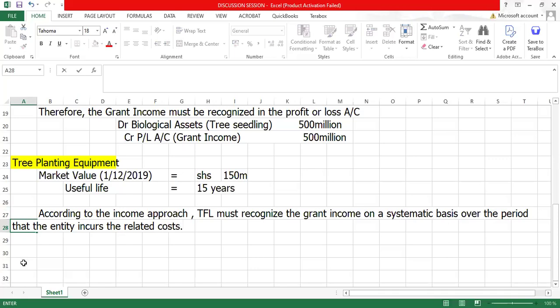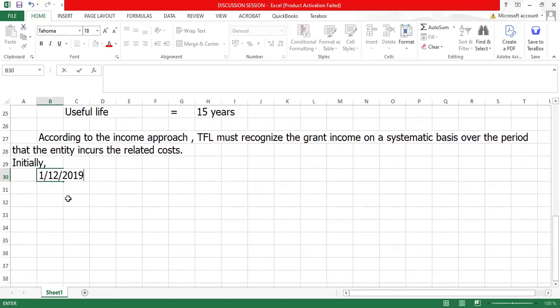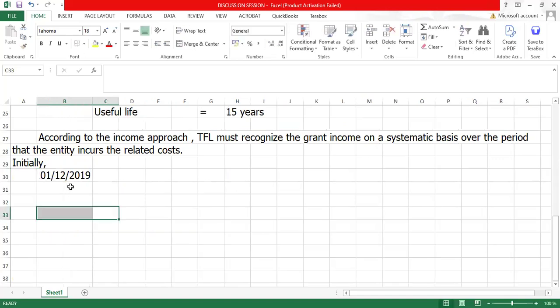It means that here, initially, that is on 1st December 2019, what should be done at the point of getting that asset as a grant?